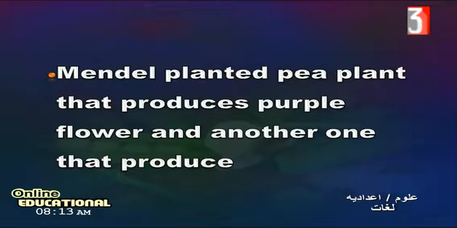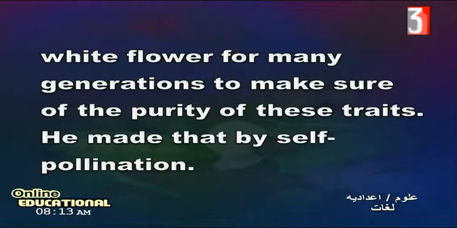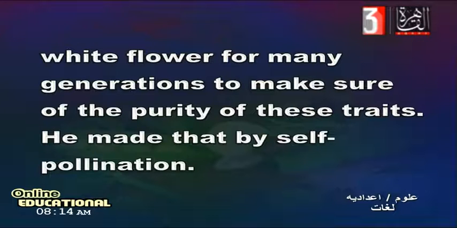Mendel planted pea plants that produced purple flowers and others that produced white flowers for many generations to make sure of the purity of this trait. He did that by self-pollination.